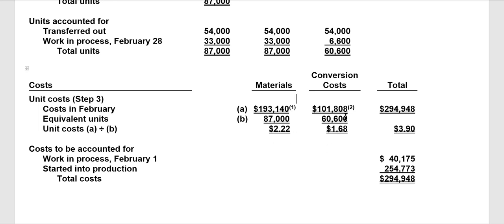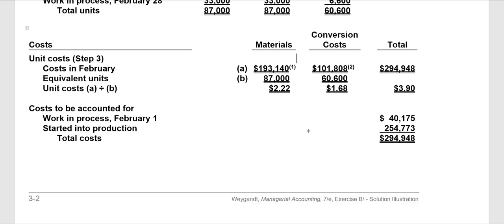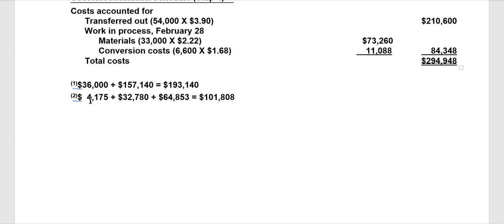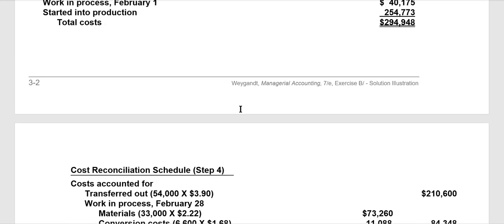We do a similar calculation for the conversion cost. We take the beginning amount for conversion cost. Remember that was given to us. They added 32,780 and 64,853. And so the total is 101,808.